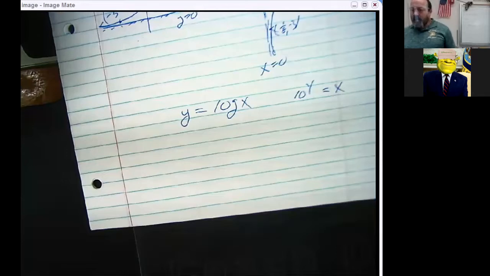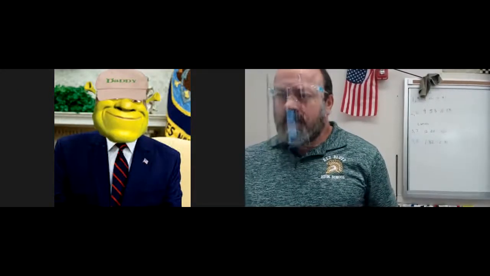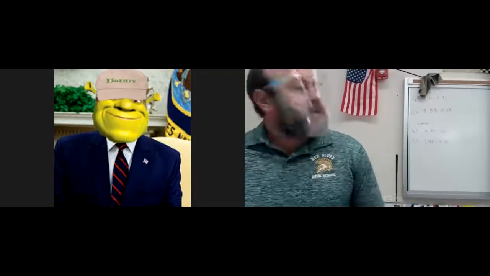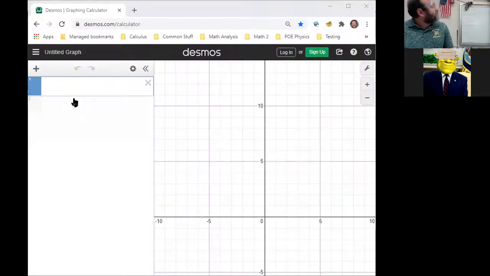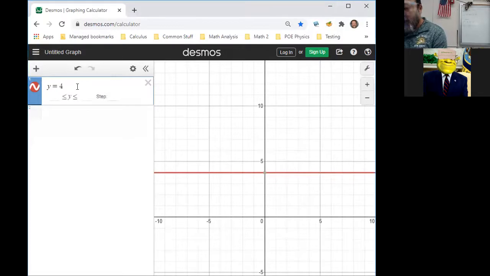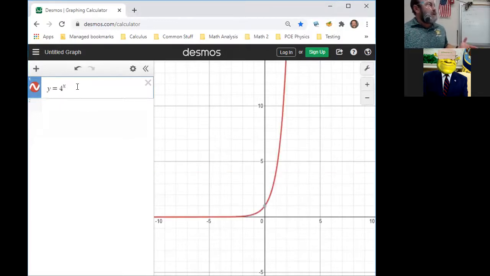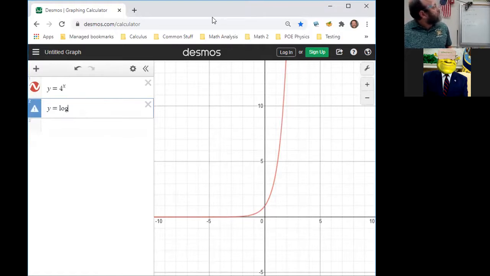Let me see if I can get that over here, and let's go ahead and do a new share here for our onliners. So it's going to look like this. So if you are having y equals 4 raised to the x, that is an exponential, is it not? So if instead I wanted to do y equals log, and I need to get, please quit doing that.